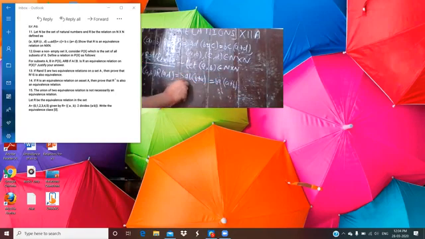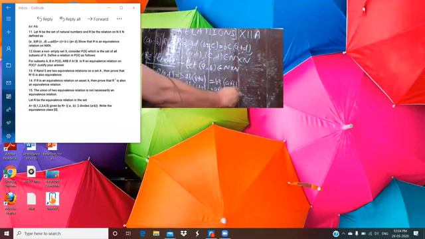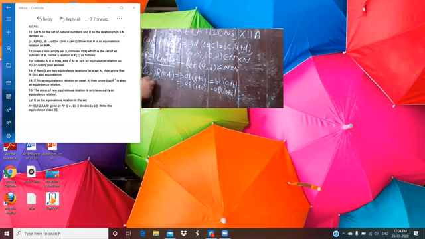Now if you simplify it, you have AB into B plus A, and this can be written as AB into A plus B. Sorry, this can be written as B plus A. So here you see that both sides are equal. So you can say R is reflexive.